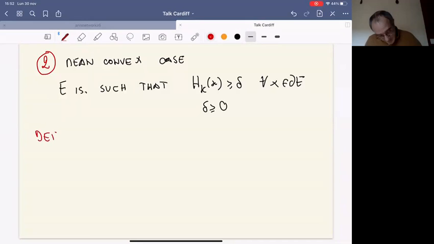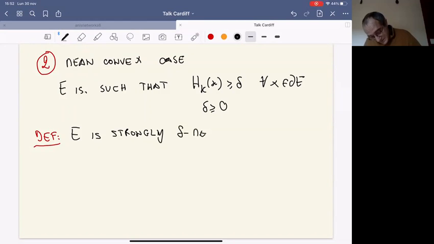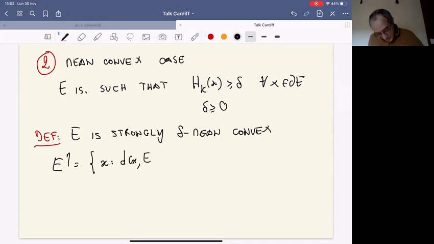Definition: E is strongly delta mean convex if not only E is mean convex, but also the enlarged set of E, E eta, which is the set of x such that the distance from x to E is less than or equal than eta.